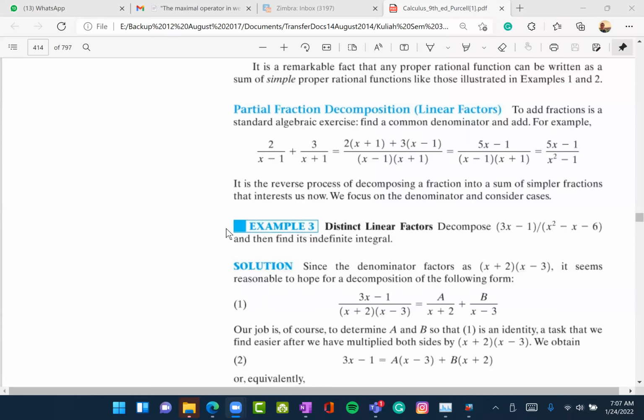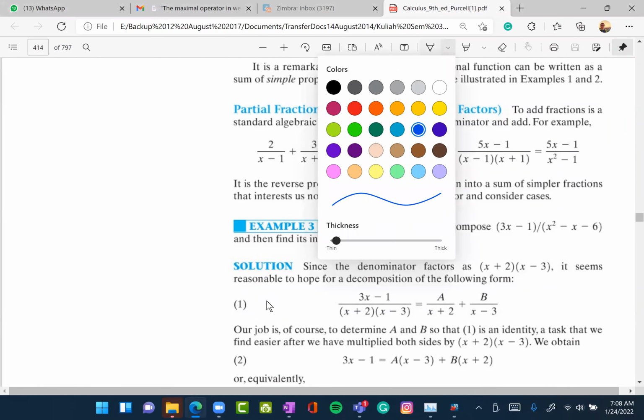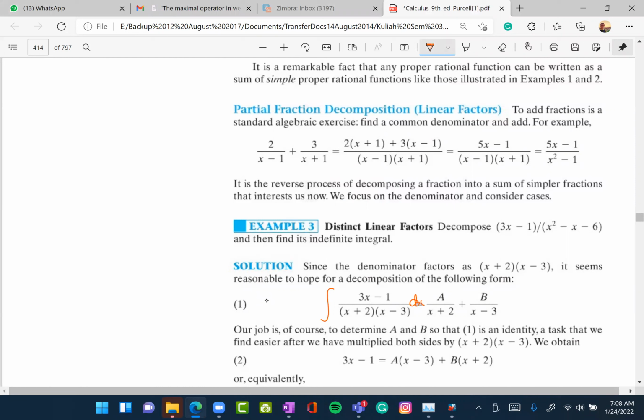The idea is you would like to integrate, for example, this function here: 3x minus 1 over x plus 2 times x minus 3.